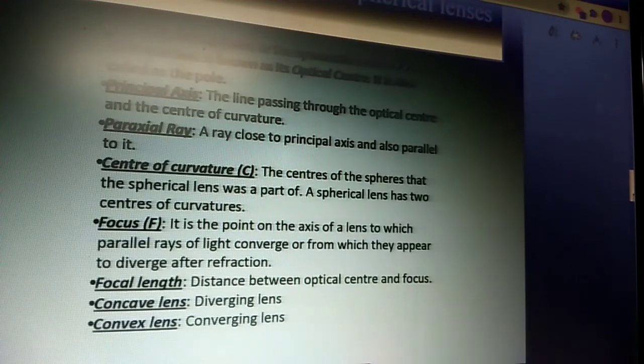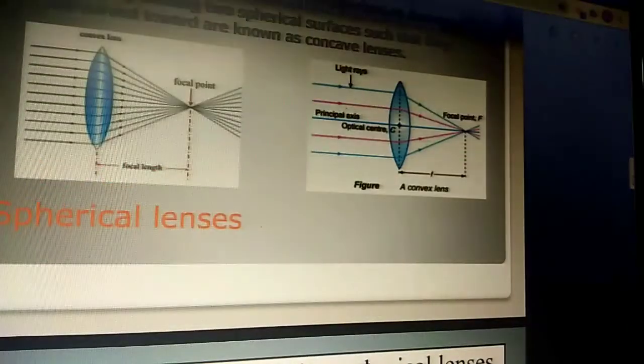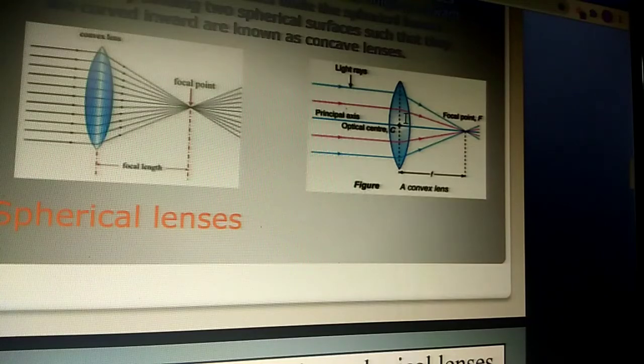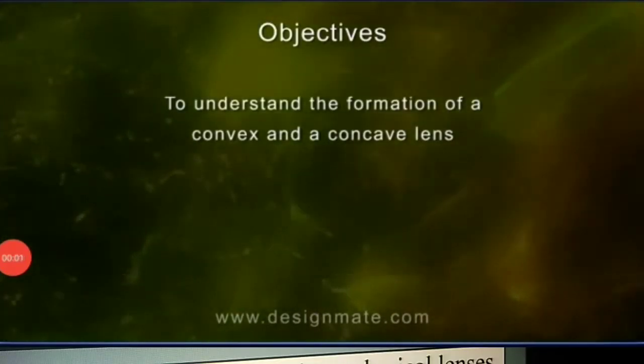One is pole. Here, when you see this, this is called the optical center. It is known as a double convex lens.